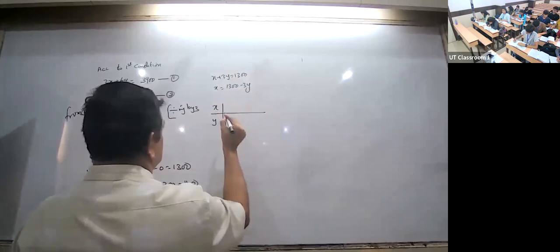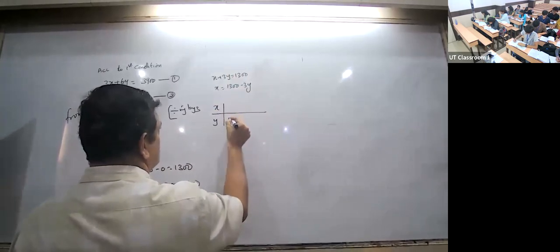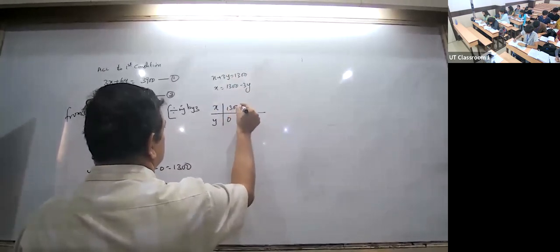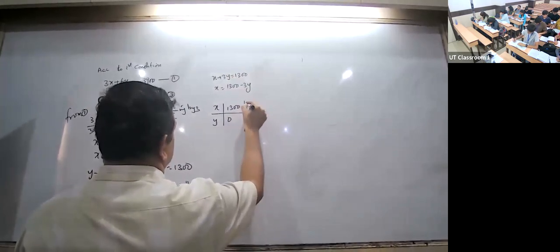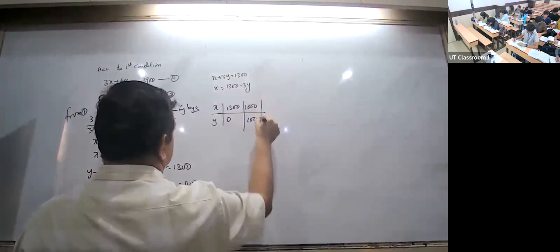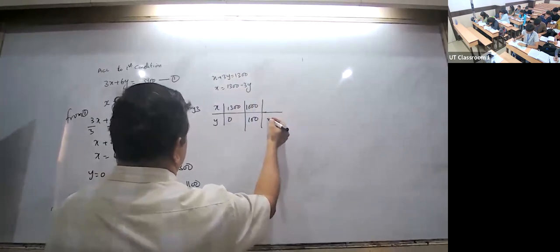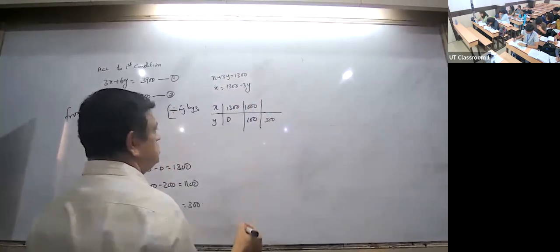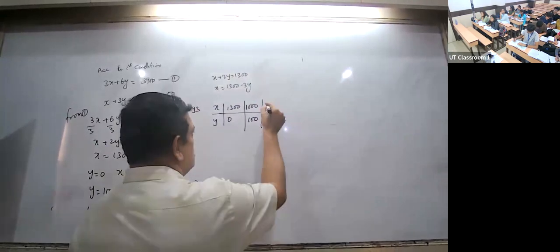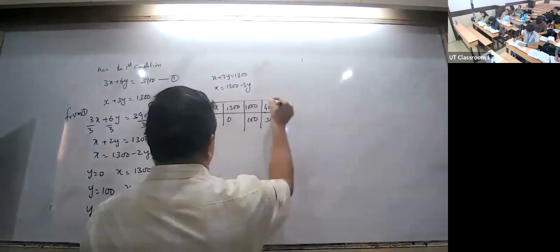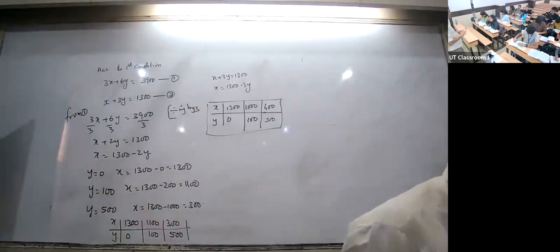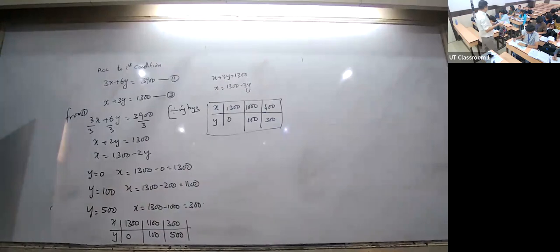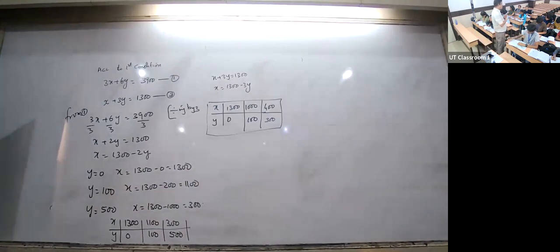If y is equal to 0, x is 1300. Let's say y is equal to 100, then x is equal to 1000. Let's say y is 300, x is 400. Now if you look at the values, you will see all the values are positive values only, no? Make a big first quadrant.